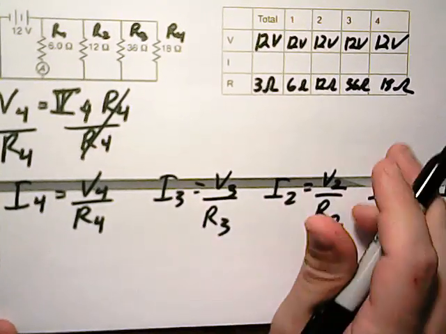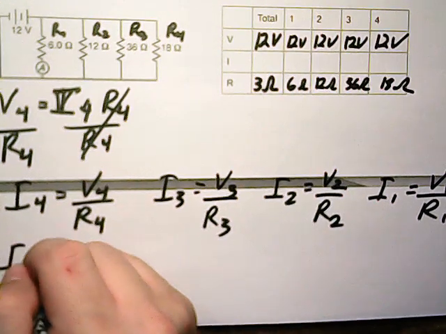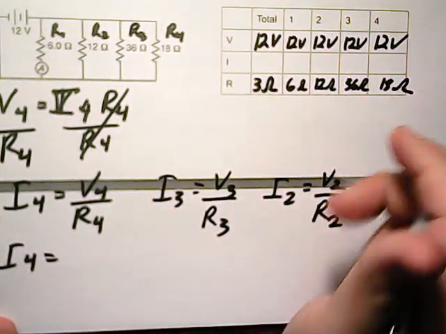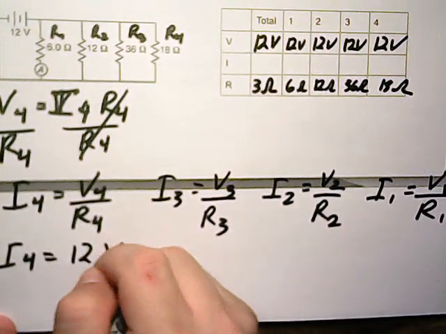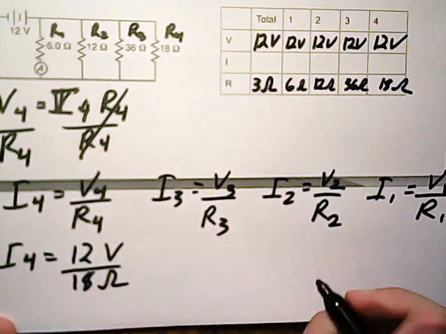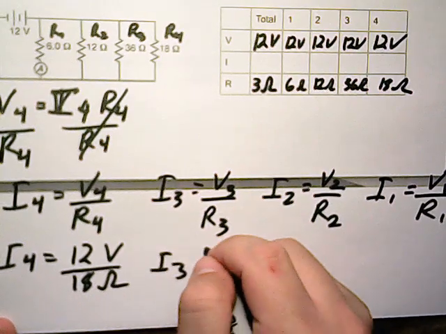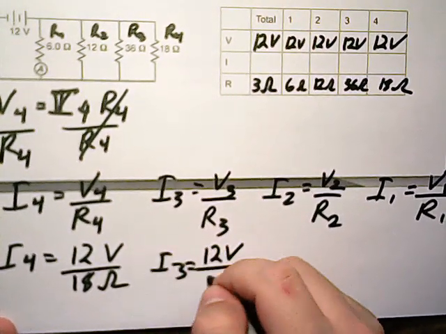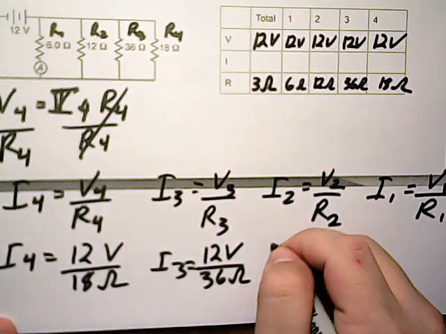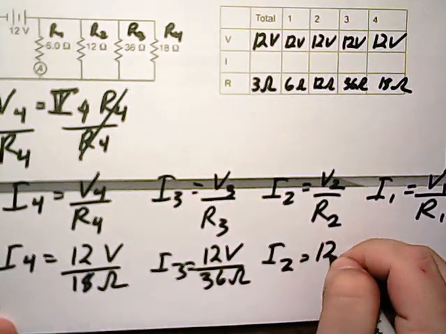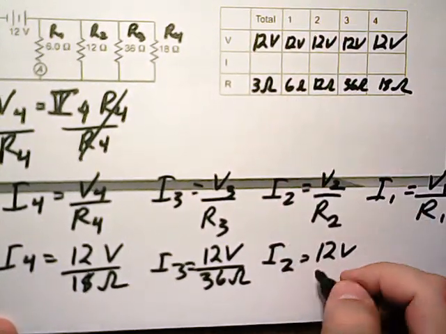So let's just plug them in. I4 is 12 volts divided by 18 ohms. I3 is 12 volts divided by 36 ohms. I2 is 12 volts divided by 12 ohms.